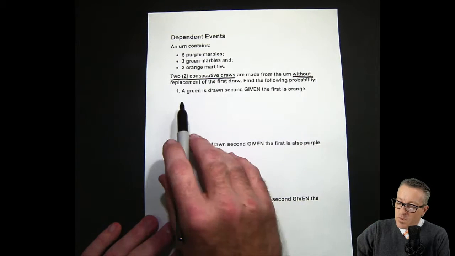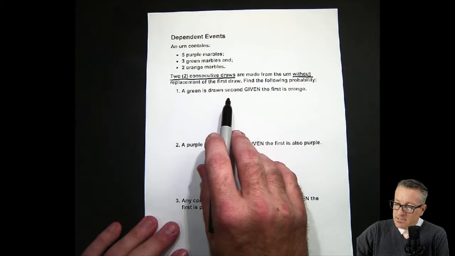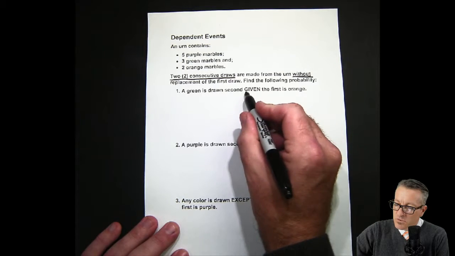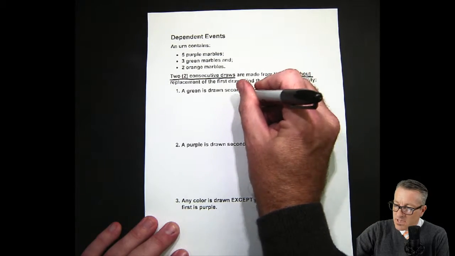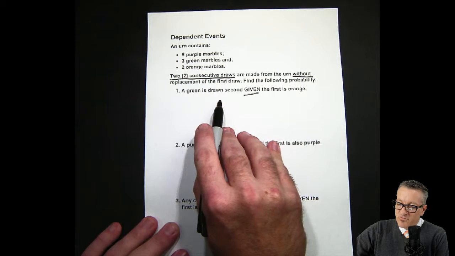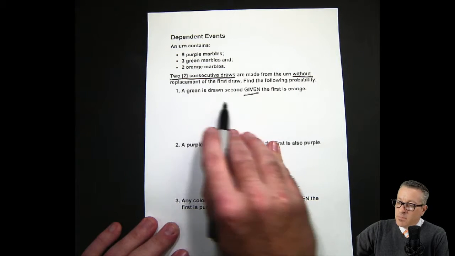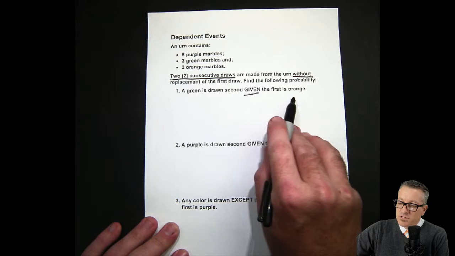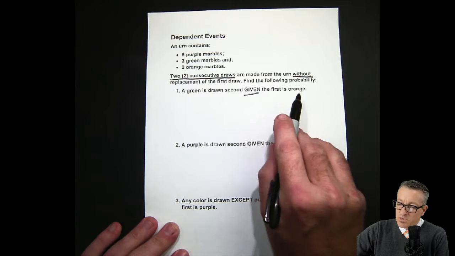Okay, a green is drawn second, given the first is orange. So even though it says what's drawn second and it's up front, it's the first part of our sentence here, we have to solve for the first draw first, which is orange.